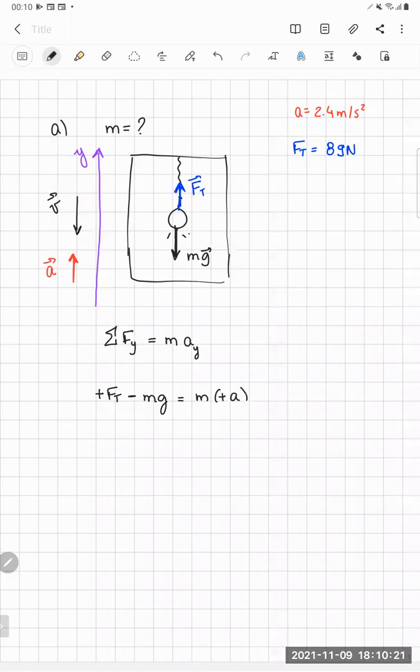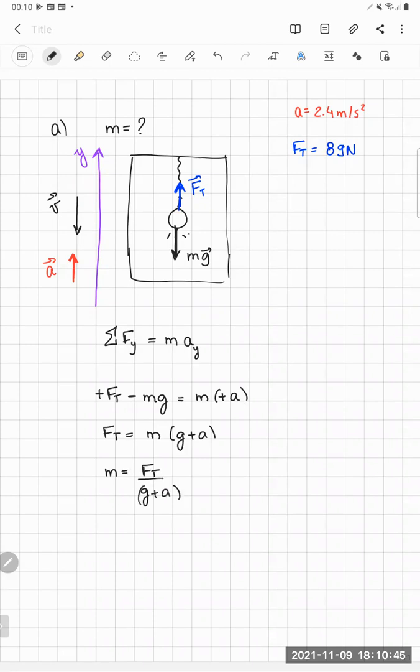That's it. We have everything now that we need to find the mass. And so I'm going to rewrite this equation like this. I'm going to put the mg on the other side, it becomes positive. So m times (g plus a). And here now you can get this mass is the value of the tension force divided by (g plus a). Everything here now are numbers.